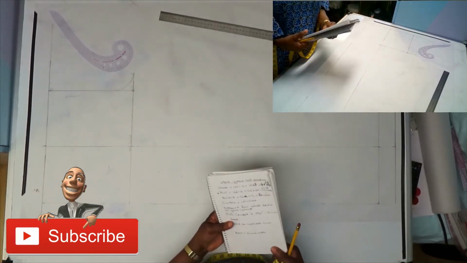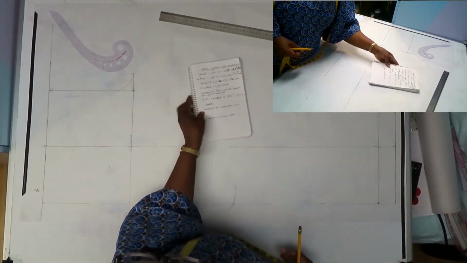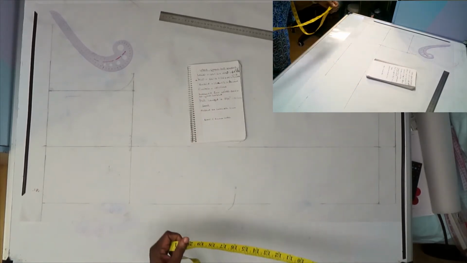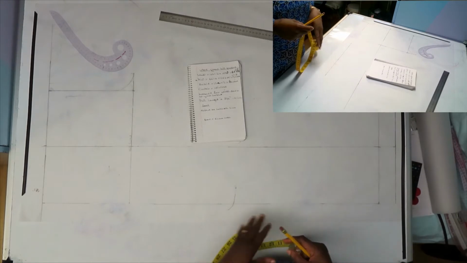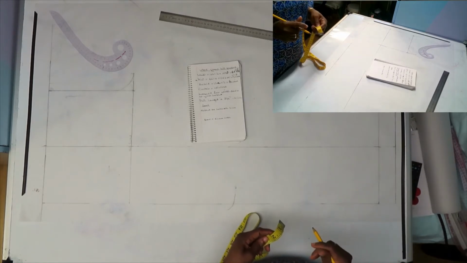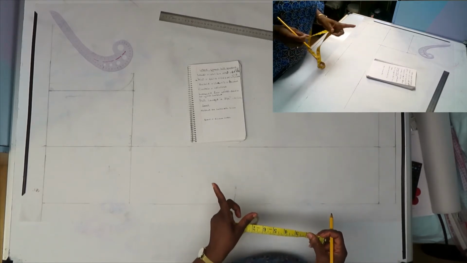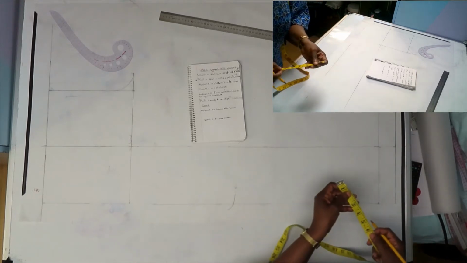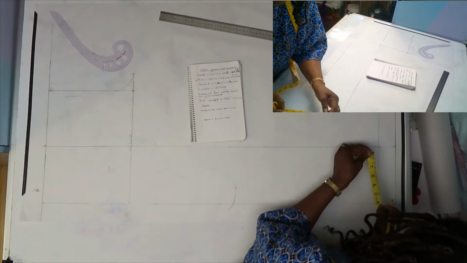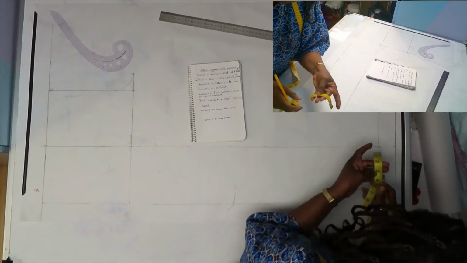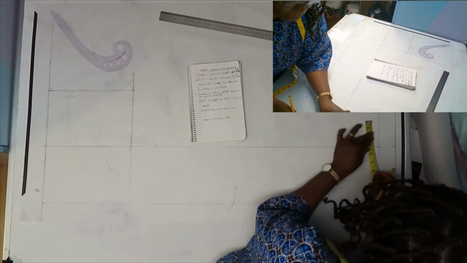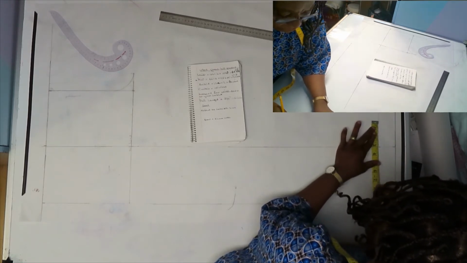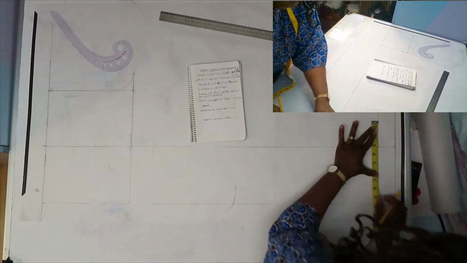my ankle measurements. Ankle measurement that I'm working with, it is 12 inches divided by 2. And that 2 inches, then you divide that by 2, then it's 6 inches. So 6 inches is what I have for my ankle. So what you do, the midpoint, the half of 6 is 3.